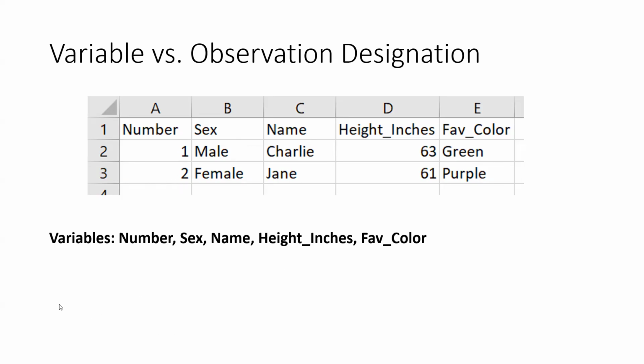All right? So if I asked, what are all the observations contained in variable number? Well, that is 1 and 2. And if I asked, what are all the variables within our particular data set or data frame? Well, that is number, sex, name, height inches, and favorite color.